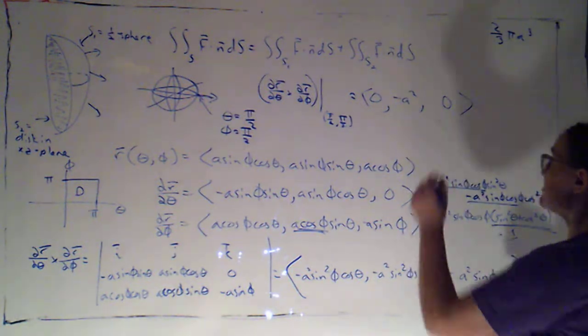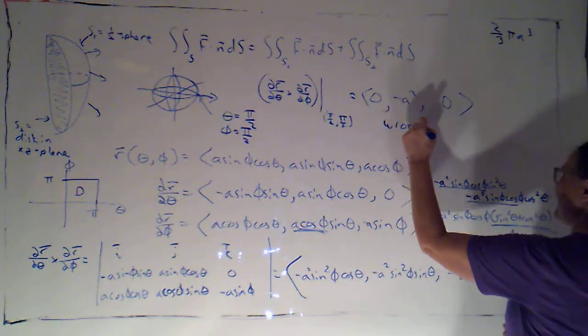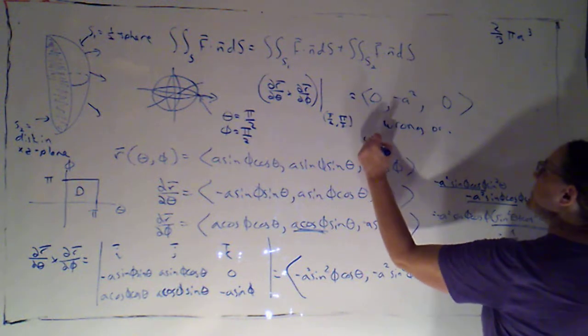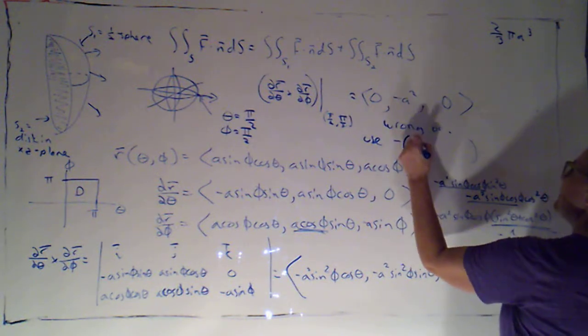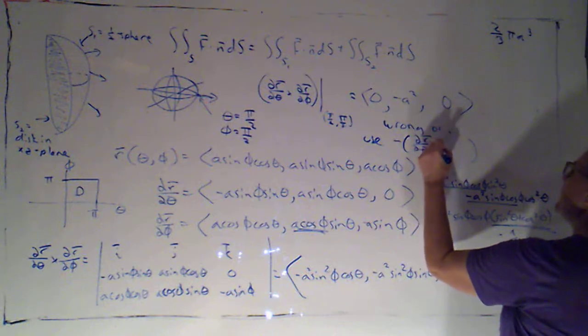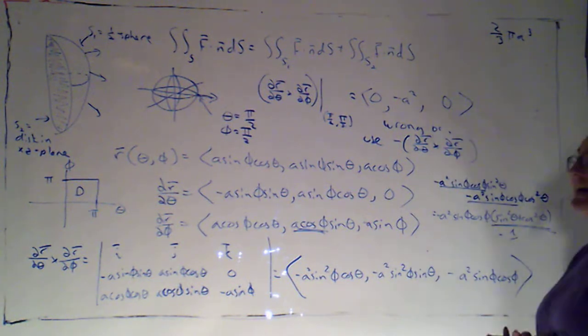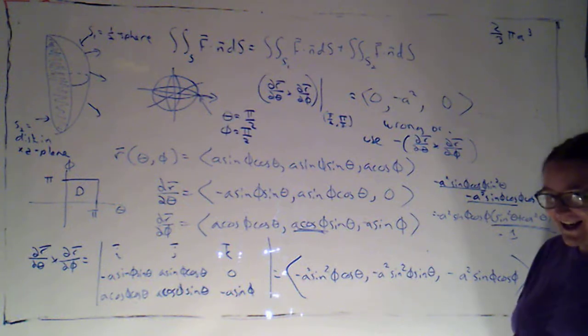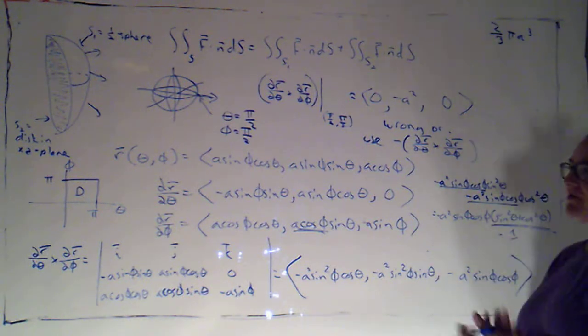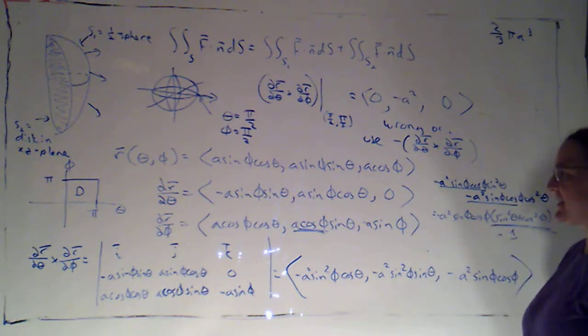This is the opposite of what I want. So, because that's the wrong orientation, I'm going to use the opposite of del r del theta crossed del r del phi as my non-normalized normal vector that I'm going to work with in this flux integral.